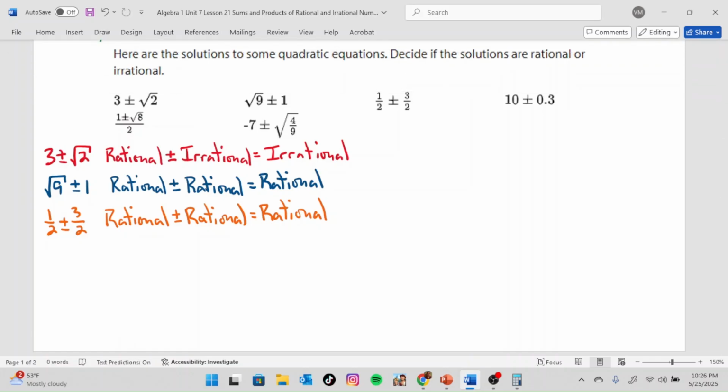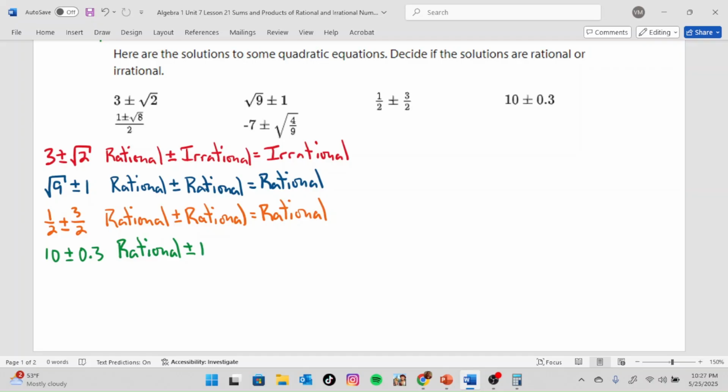The fourth one they give us is 10 plus or minus 0.3. 10 is a whole number, which can be written as 10 over 1. So that is rational. 0.3 is a decimal that ends, so that can be rewritten as 3 over 10.